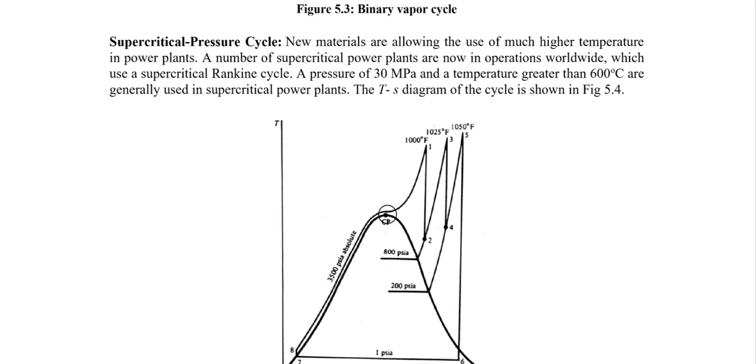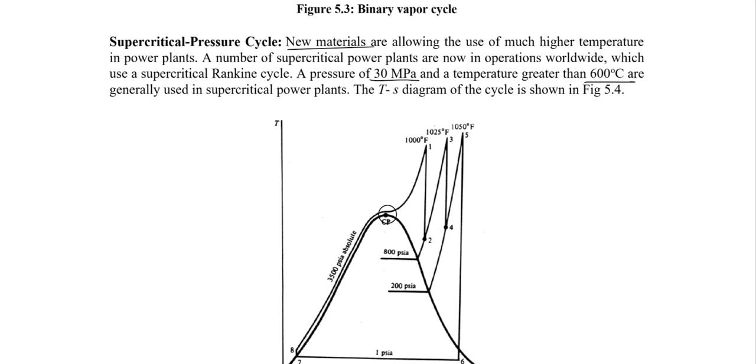So we have the new material advancement now, which can sustain this much pressure, roughly around 330 megapascal, and also a temperature of 600 degrees centigrade. So we have new material which can sustain this amount of pressure and temperature.